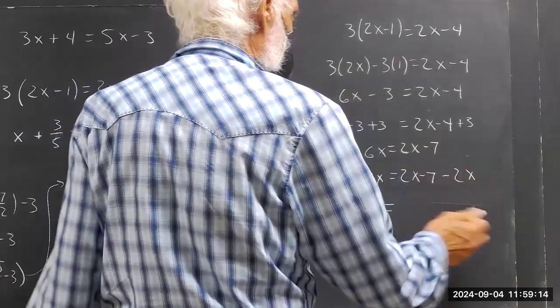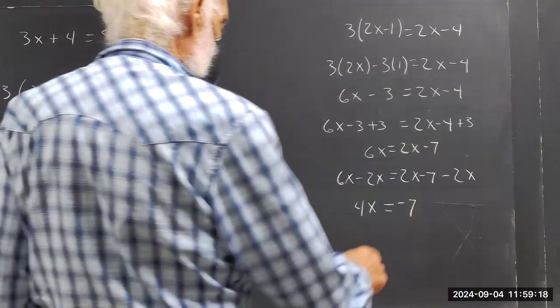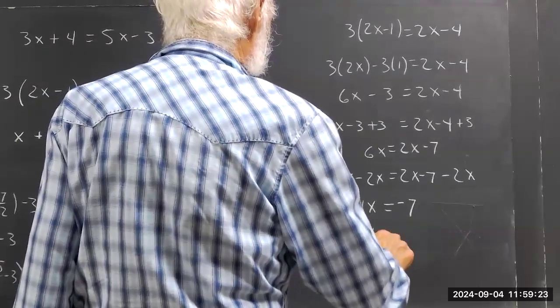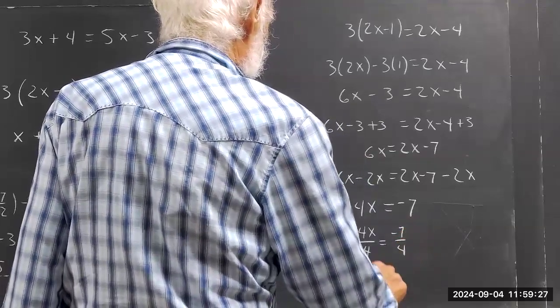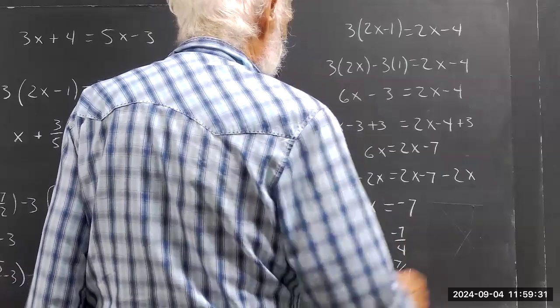Well, 2x minus 2x is 0. This gives us minus 7. Then we divide both sides by 4. And we get x equals -7/4.